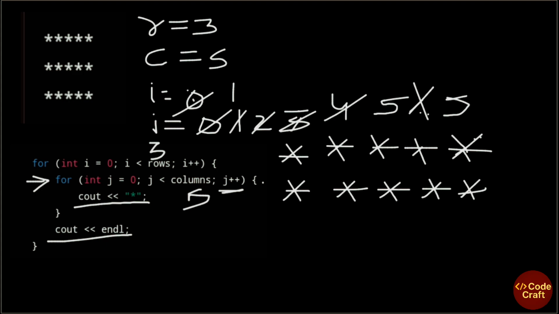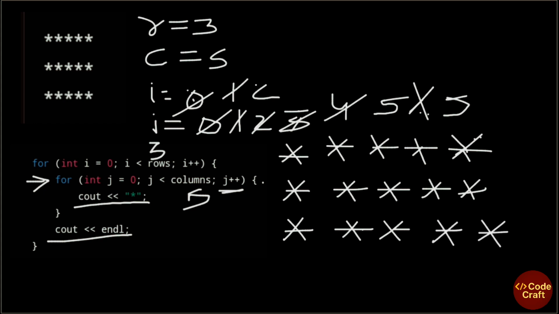After this iteration i becomes 2, and 2 less than 3 is also true, so it enters the loop, and we have 5 stars in the third row: 1, 2, 3, 4 and 5.